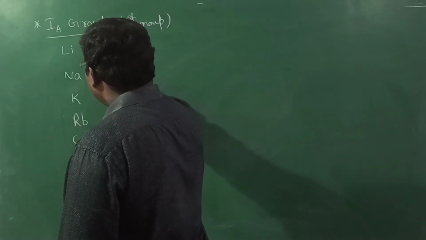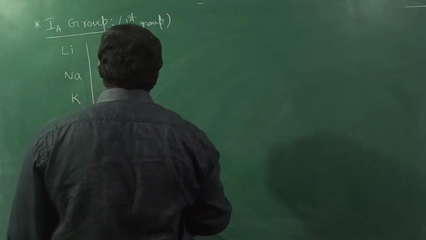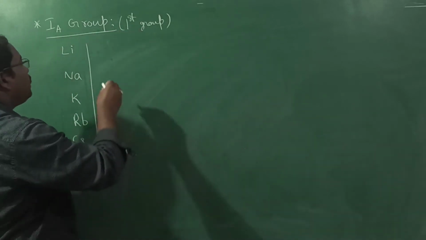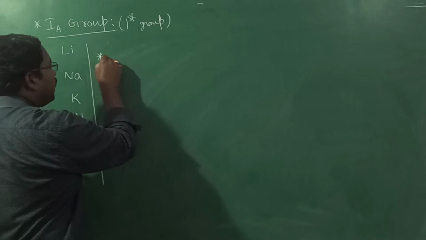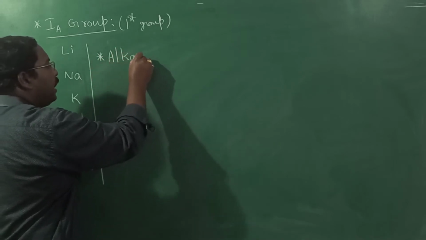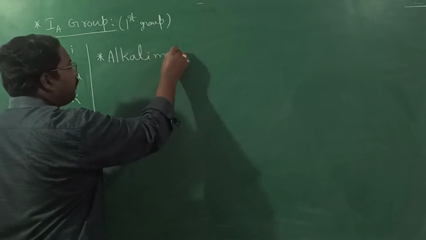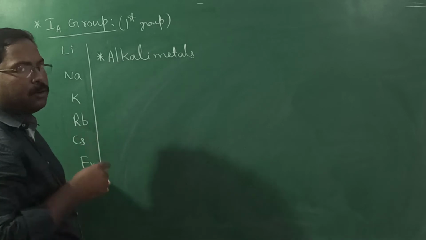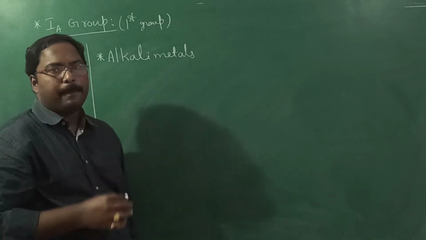Now let us discuss some common properties of these elements. The first important thing regarding these elements is that they are commonly called alkali metals. All these first A group elements are known as alkali metals.